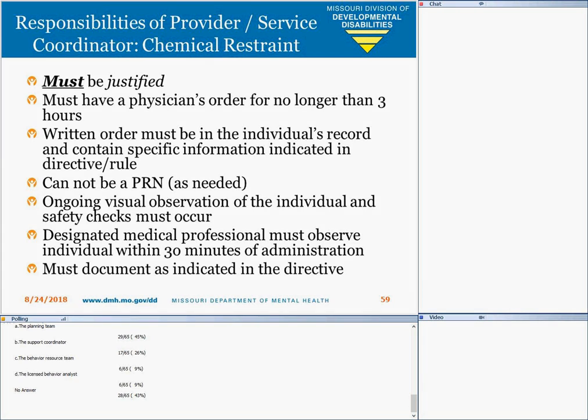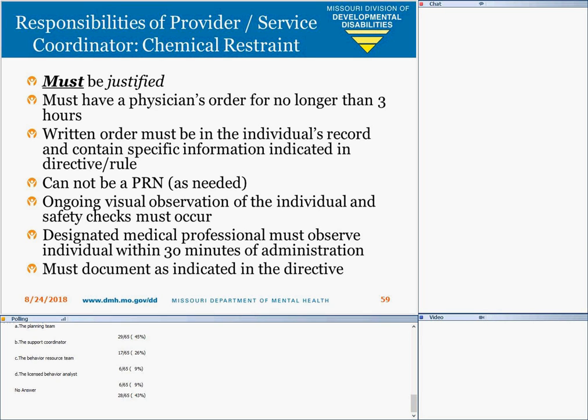So if it's a chemical restraint, you can't have it as a PRN. In other words, you can't have a physician write the order that says, anytime you see this happening, give them this medication, so PRN, and the medication is going to really, in essence, immobilize them for a time.